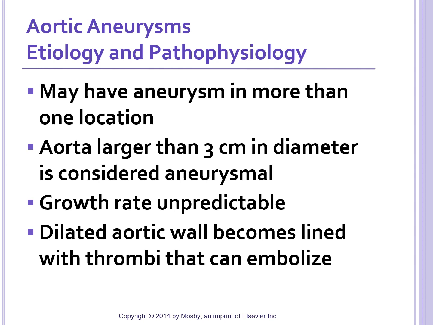Usually we know that those atherosclerotic lesions can happen in more areas than one, which can result in more aneurysms than just one. So we define an aneurysm when the aorta is larger than 3 centimeters in diameter, because we just learned a fun fact that it's usually about 2 centimeters in diameter.